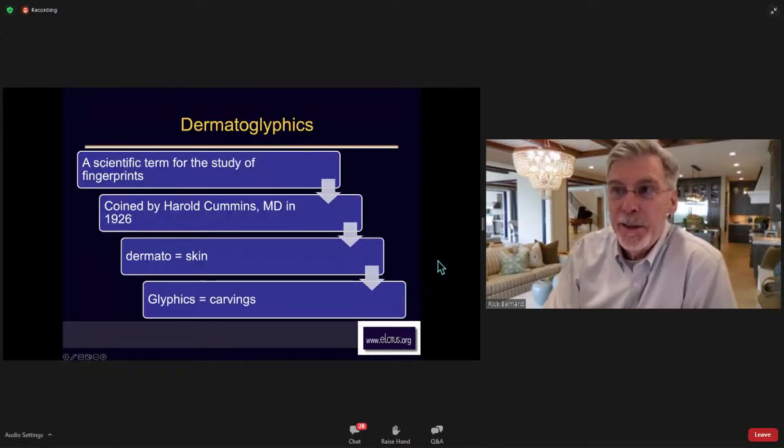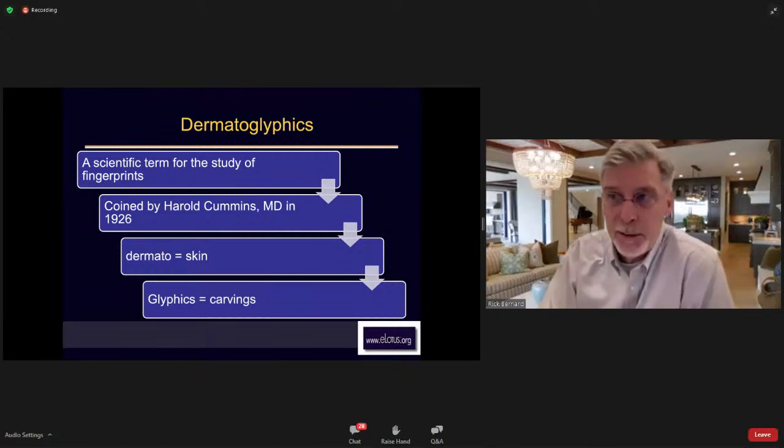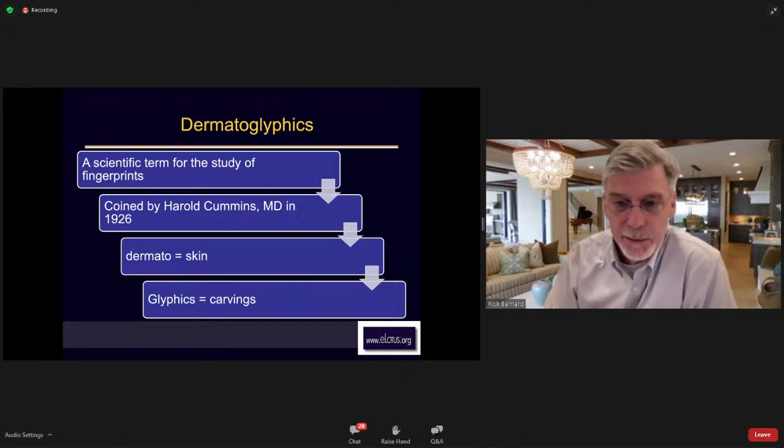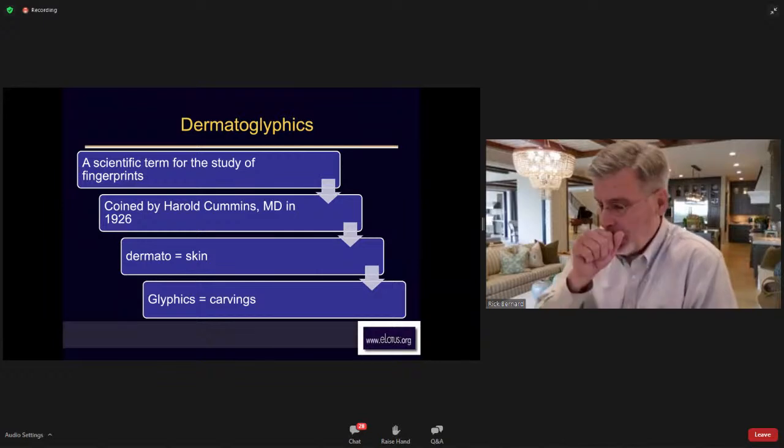Okay, so dermatoglyphics is a science of reading our fingerprints, and it's a scientific study. And actually, they've probably done more scientific research on fingerprint patterns than any other part of palmistry. But everything I've taught you so far, all the personality stuff, has actually been researched in neuroscience.